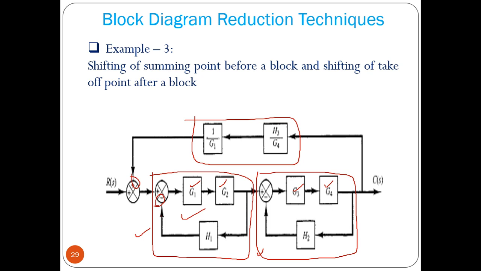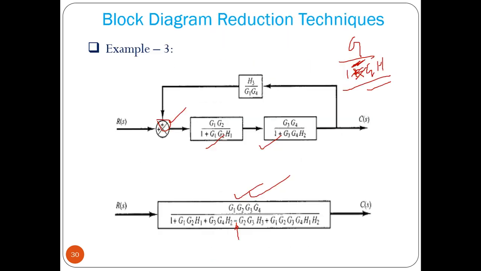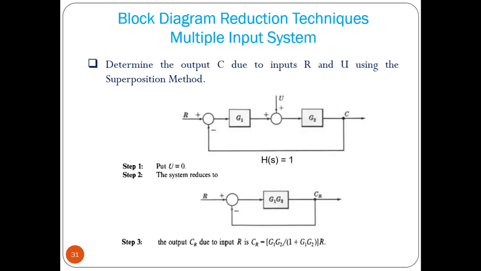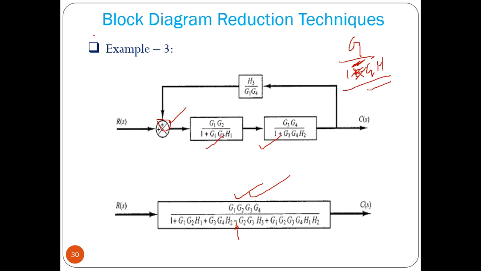So summing point and takeoff point shifting is the main criterion if the system is very complicated. These are the three examples I have taken from the block reduction techniques, and the examples are taken as SISO examples.